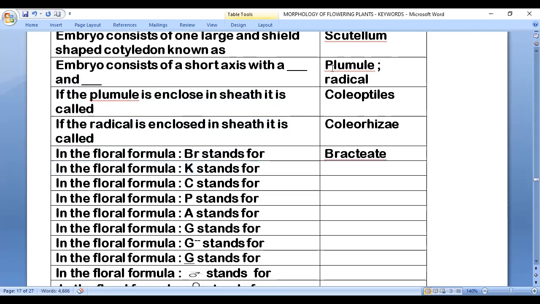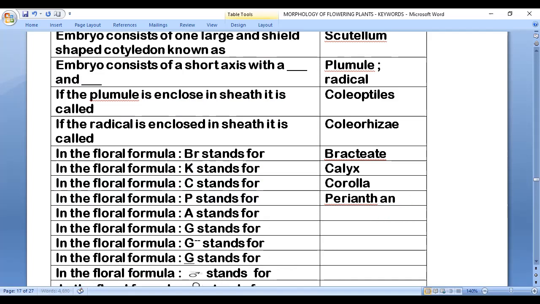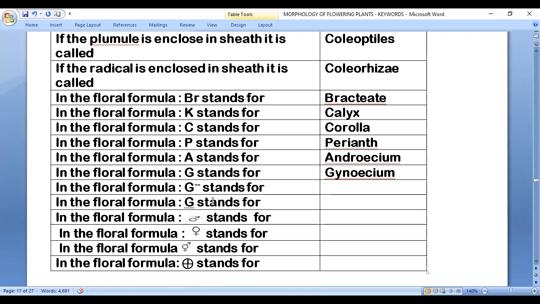K stands for calyx, C stands for corolla, P stands for perianth, A stands for androecium, and G stands for gynoecium.